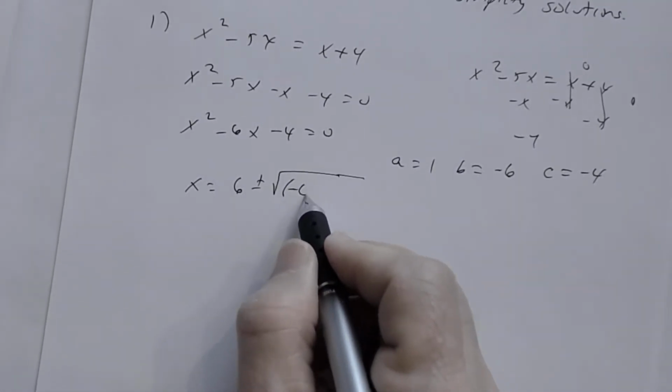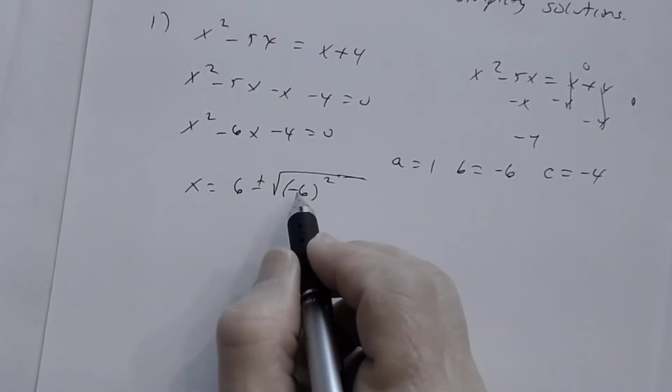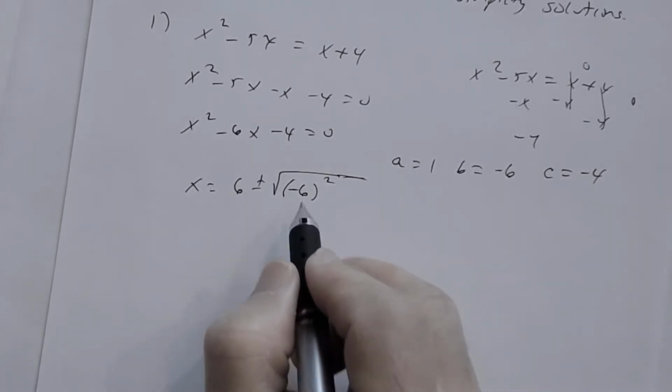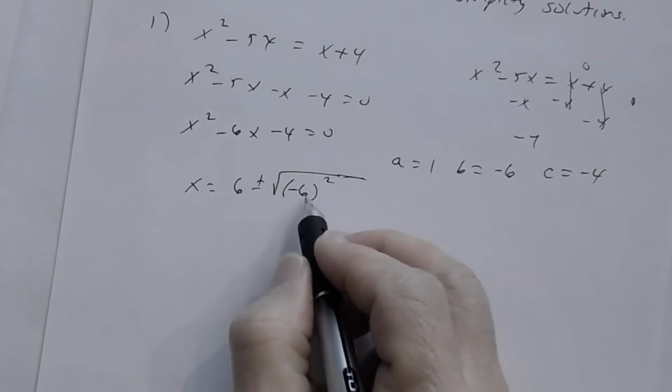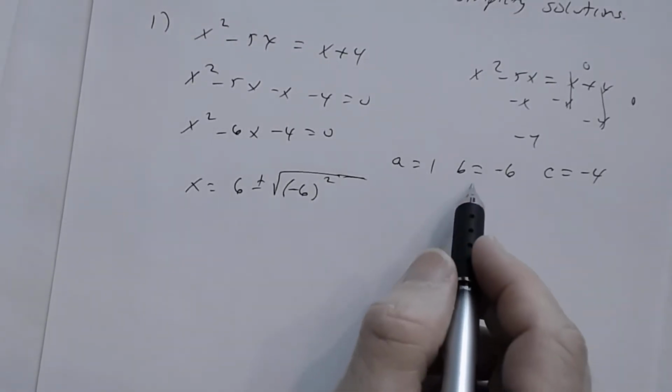So you're saying negative 6 squared. Because if you don't put in parentheses, your calculator is going to give you the wrong number here. A negative number times itself should always be positive. So b squared should be positive or 0, because b can be 0.